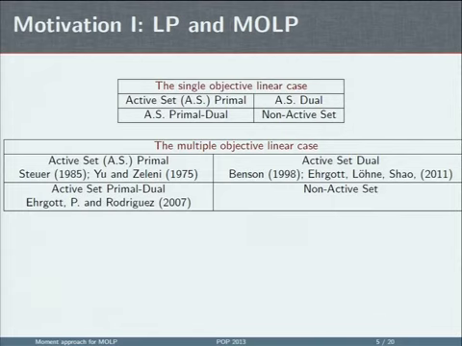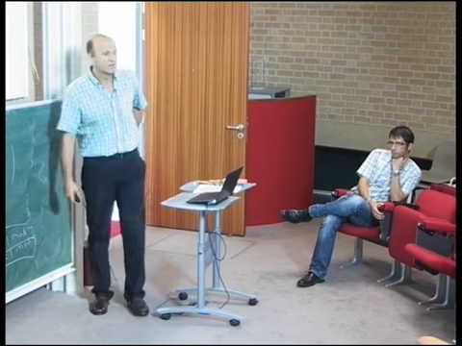Several people in the field wondered whether there would be a non-active set method able to generate the entire set of Pareto optimal solutions. Till now there were only partial answers, given by Georg Fliege in two papers in 2004 and 2006.